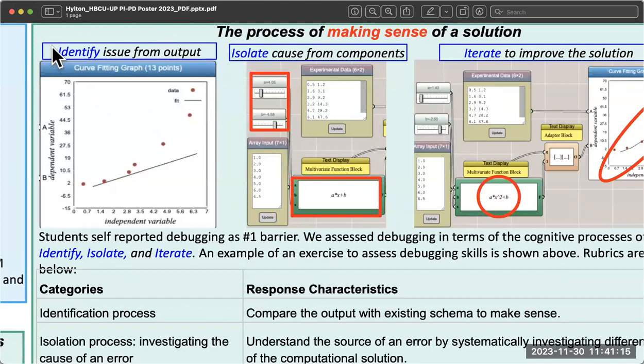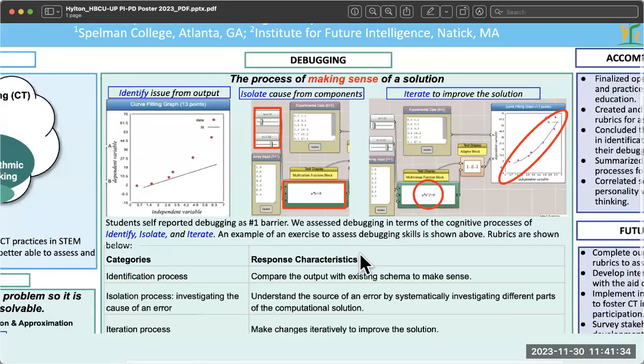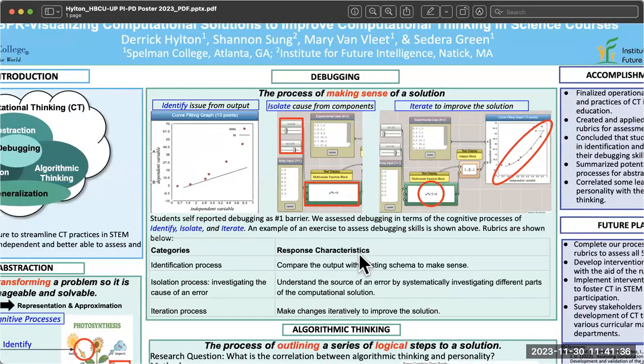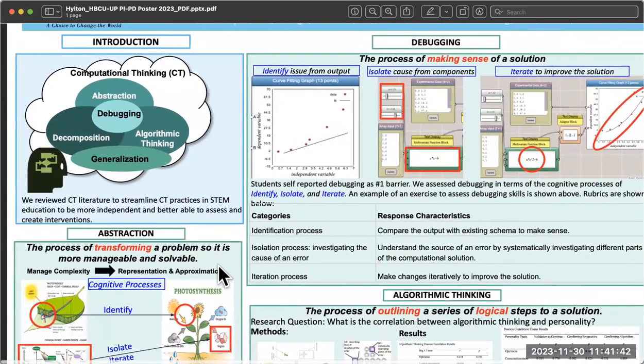As you can see, they first identify the issue in the output, where the curve is not fitting the data. Then they can isolate the cause to the components based on the blocks, and then they can iterate the process to improve the solution, where the curve is fitting the data much better. You can see the different characteristics mapped to each category for their debugging practices.